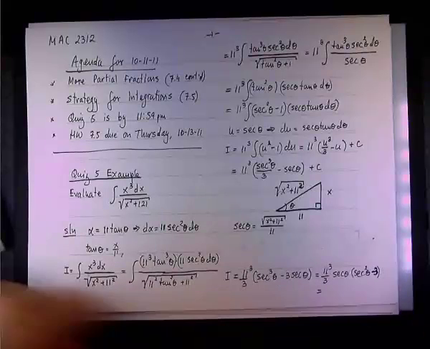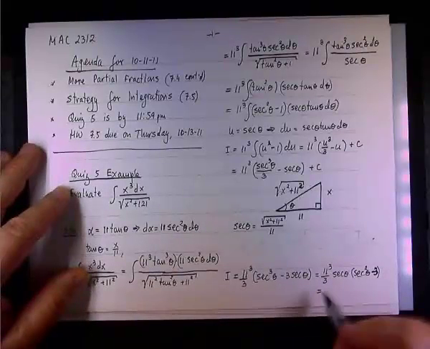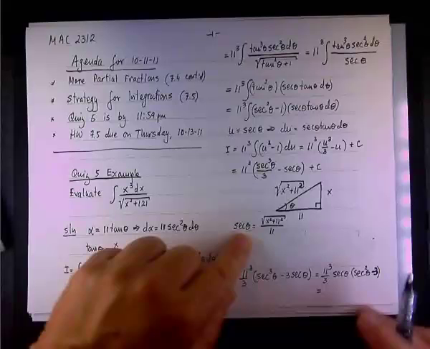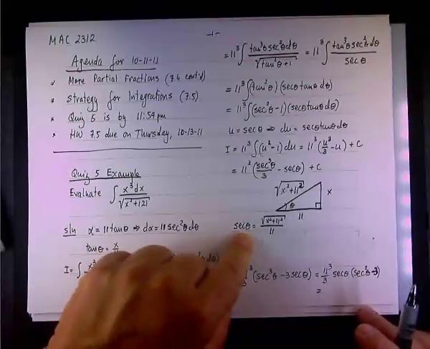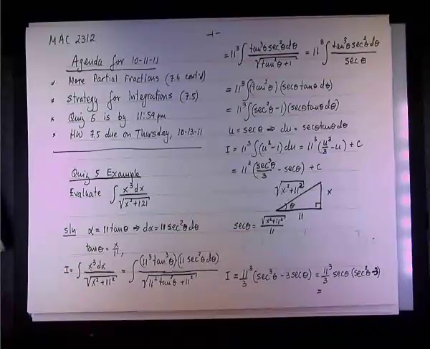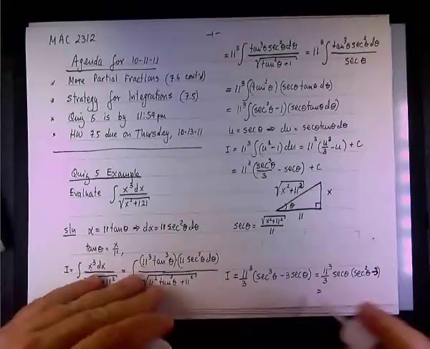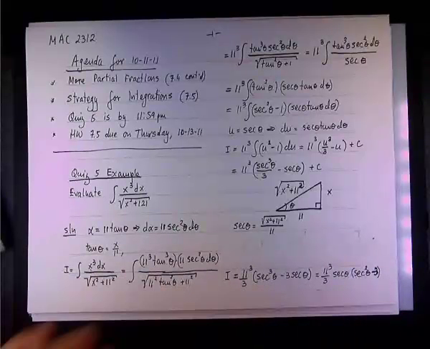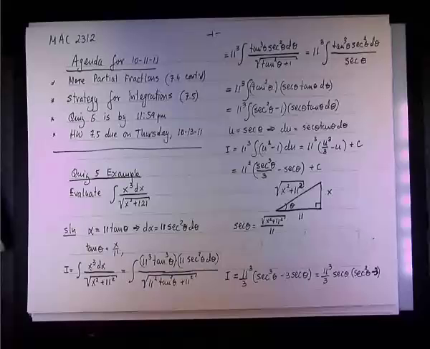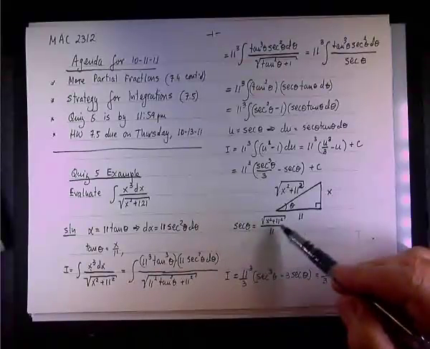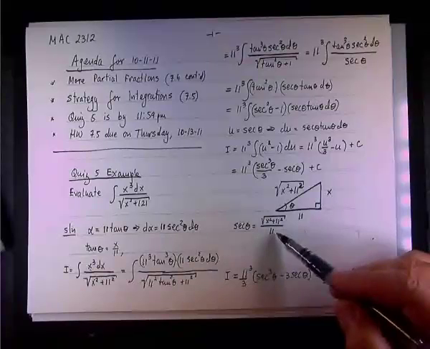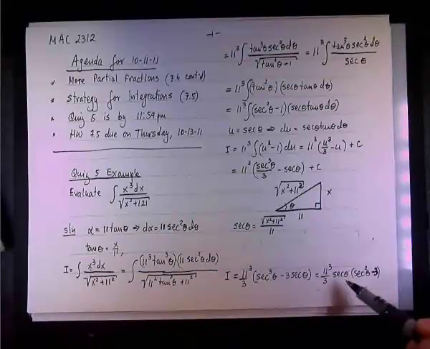Okay. Now, what is the secant squared minus 1? It's the tangent squared. So it will be tangent squared minus 3. So we're going to leave it as it is. Okay? And now we're going to go back and do this substitution that we wrote here, on the next page.